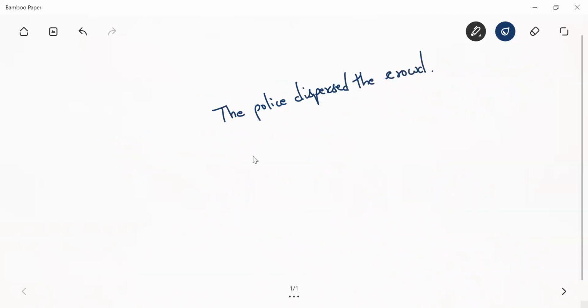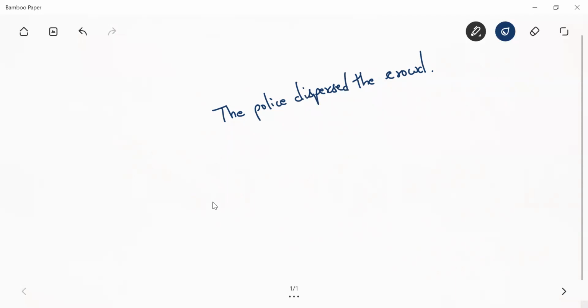Dispersal is like moving from one place to another. There are so many people who have made up a crowd somewhere, then the police has to move them from one place to another. If they are simply creating chaos, a policeman is needed over there.